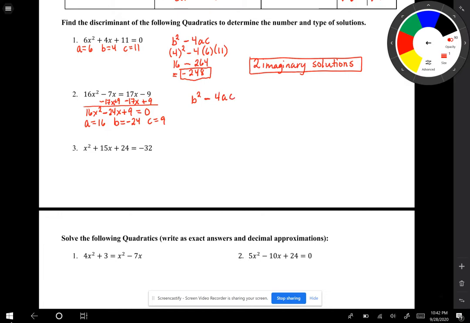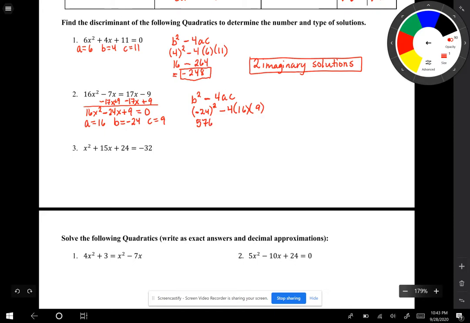Okay, so for B, you're going to replace that with negative 24. Remember, it's always squared, minus 4 times A, which is 16, times C, which is 9. So I used a calculator. Negative 24 times negative 24 is always going to be positive, 576.